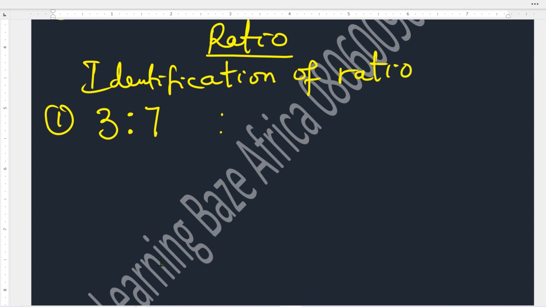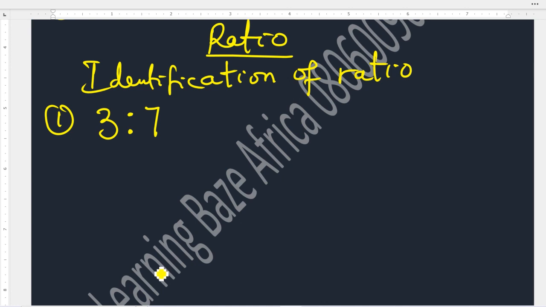The two dots in the middle, that's a colon. It's on your device; if you check very well, you're going to see the keyboard that has a colon. So when you have 3, a colon, and another number, this represents a ratio. This is pronounced as ratio 3:7.